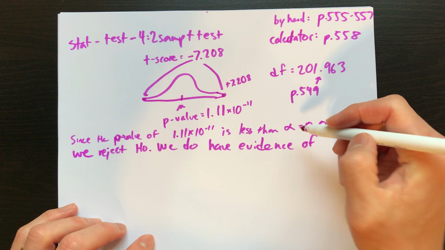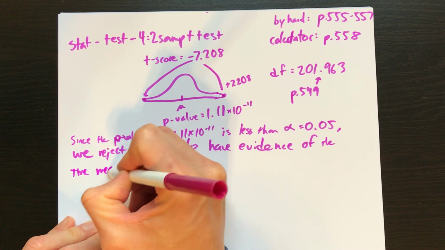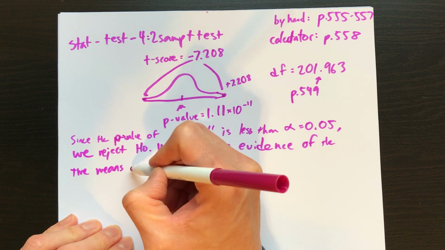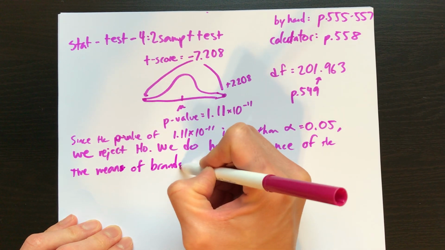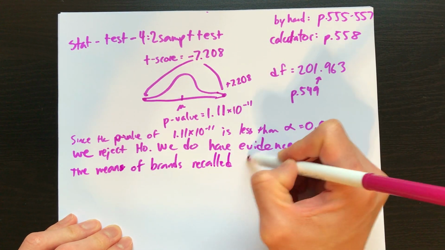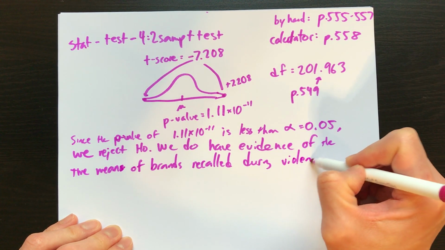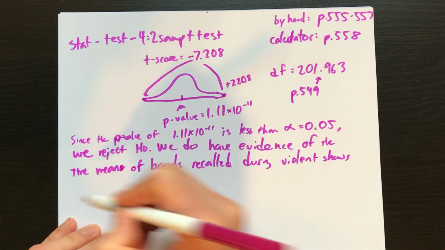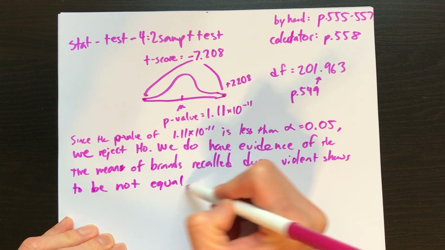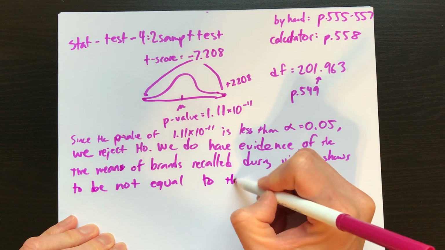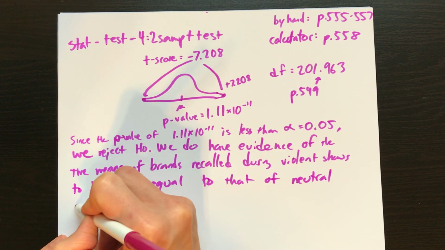So we do have evidence of the true mean of brands recalled during violent shows to be not equal to that of neutral shows.